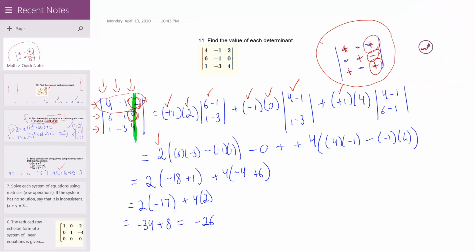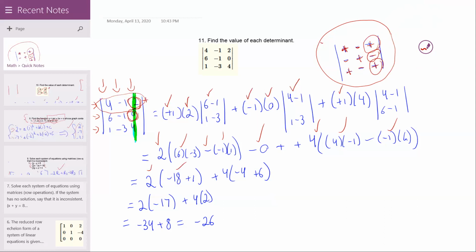So we have the 2, and then remember this is a 2 by 2 determinant, so 6 times -3 minus -1 times 1, minus 0, because we don't even care about the determinant. This is why we chose this column, because if there's a 0 in the column, we just got rid of a third of the work, which is super helpful when we're in a hurry. And then here we have 4 times -1 minus -1 times 6.